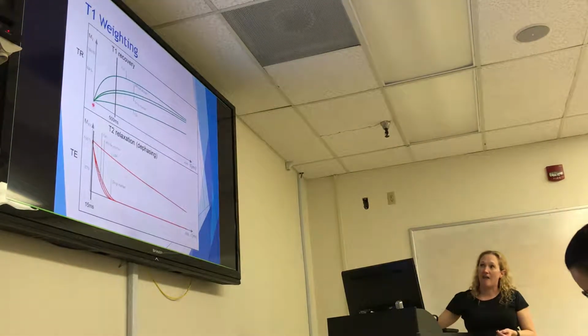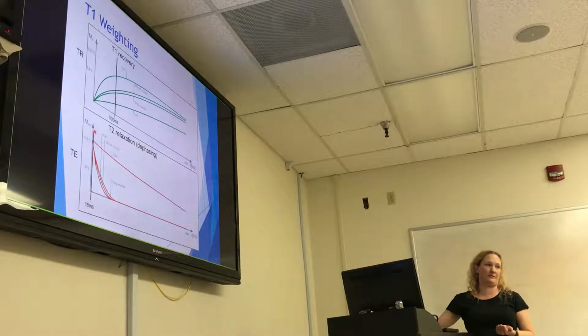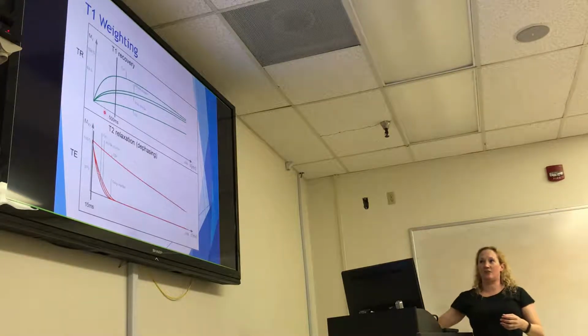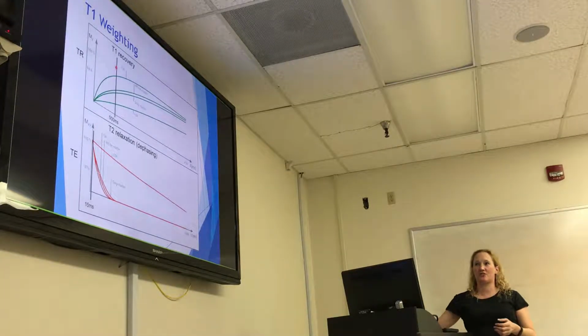You have a short TR because you want these big T1 differences, but you have a short TE because you don't want there to be T2 differences. So this graph brings that all together. Does that make sense? Questions on that?